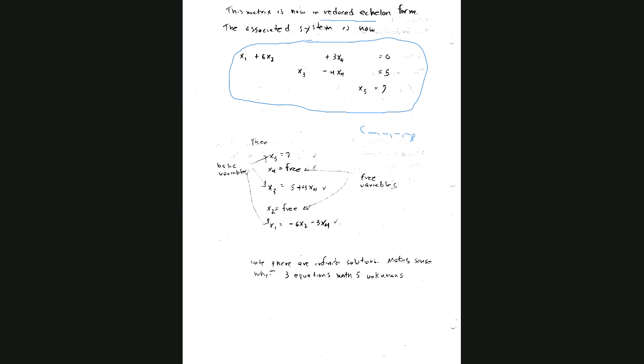But is the solution to this going to be one single point with 5 coordinates? We know the last coordinate is 7, because x5 equals 7. The question is, what are these? Well, they're not unique because we have more variables than we do equations.